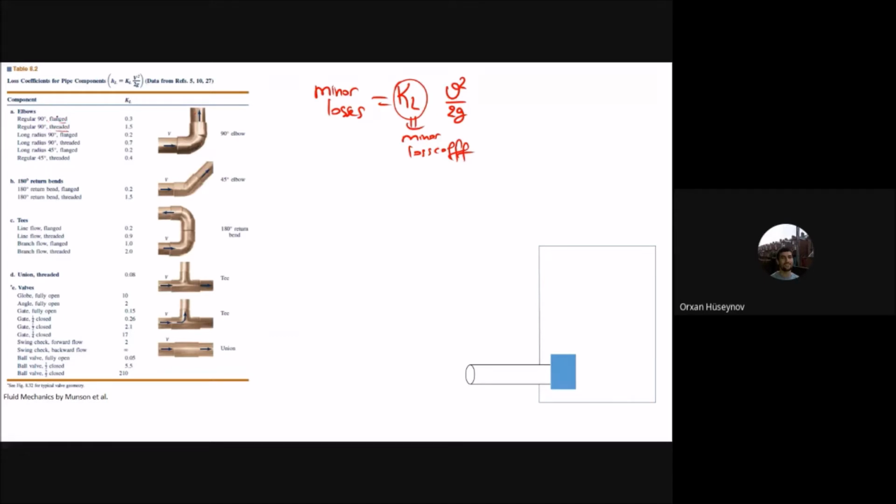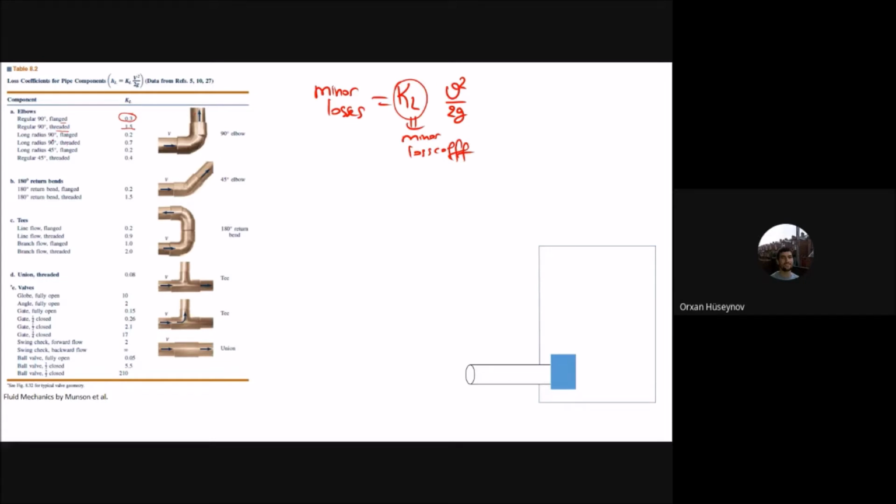They have different minor loss coefficients. If it is flanged, the value is very small, 0.3. But if it is threaded, it is very large. The reason is that the threads act like obstacles in the flow direction and increase the loss coefficient.